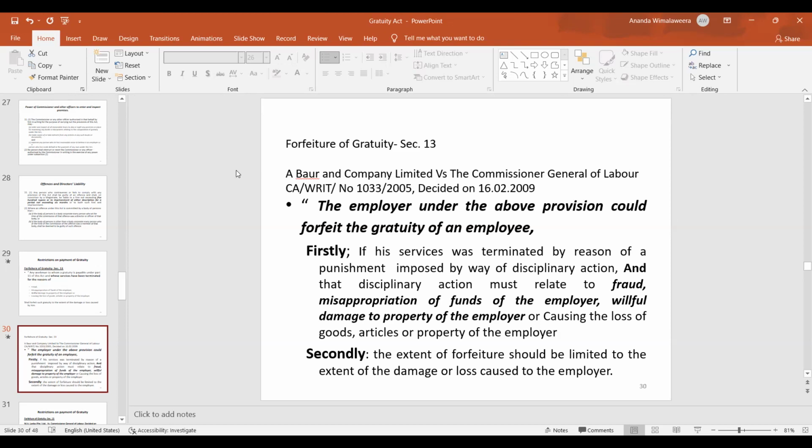A. Bauer and Company Limited versus, we write V with a dot, the Commissioner General of Labour, CGL for short. CA stroke Writ, number 1033 stroke 2005.